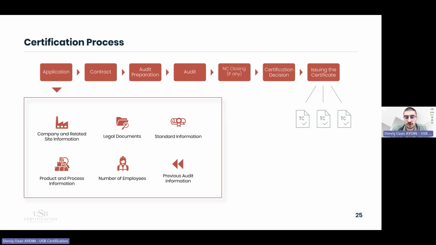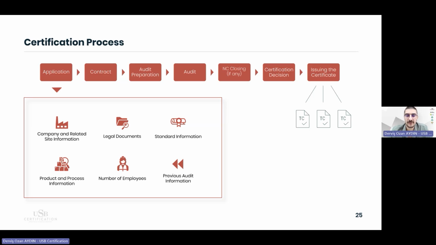For product and process information, companies have to share all the details they want to certify, under which processes. For example, it can be a manufacturing process, a spinning process, or a dyeing process. Product information also has to be shared to check whether the processes and products comply with each other.